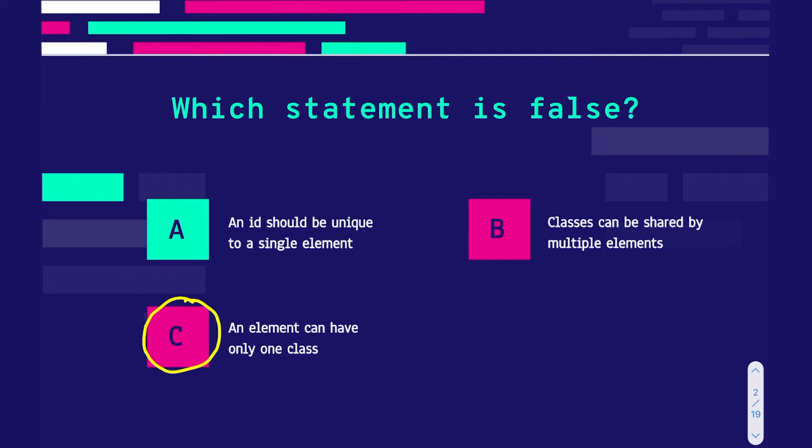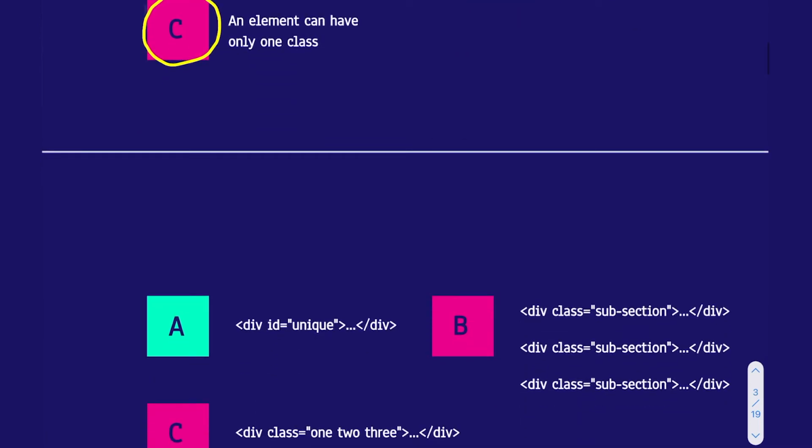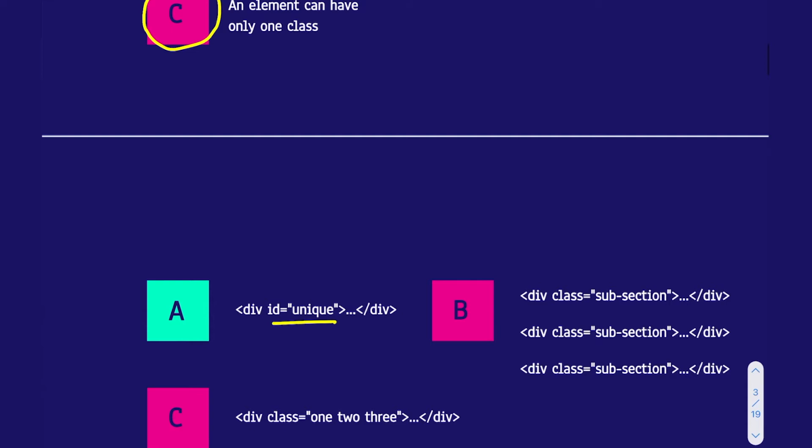So with A, I have this example down here where I've set this ID to be unique. And the whole point of an ID, which is short for identifier, is that you can identify some component, some element, by its ID.